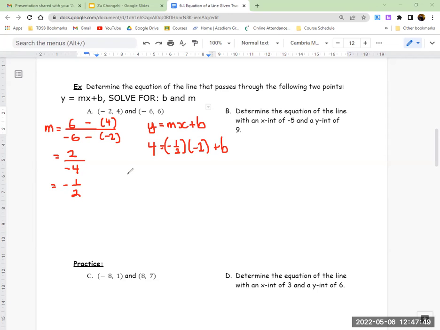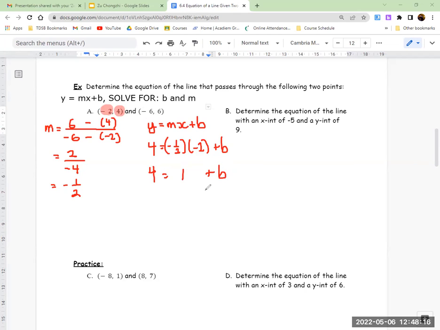Just like our previous example on page 1. You have an M, you have an X, and you have a Y. Just make sure you chose the X and Y of a single point. You can't mix it up. That doesn't make any sense. You have to choose one point. So this becomes 4 equals, multiply that, that becomes a +1.